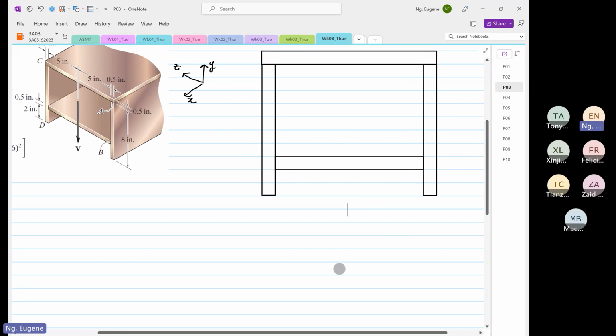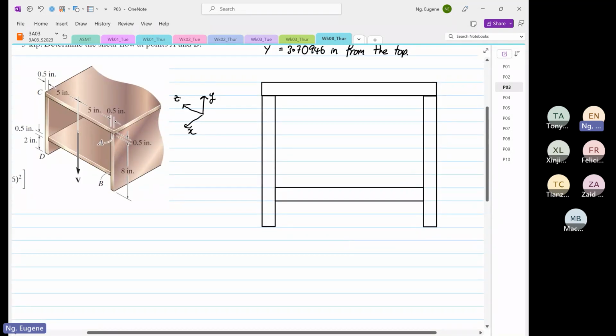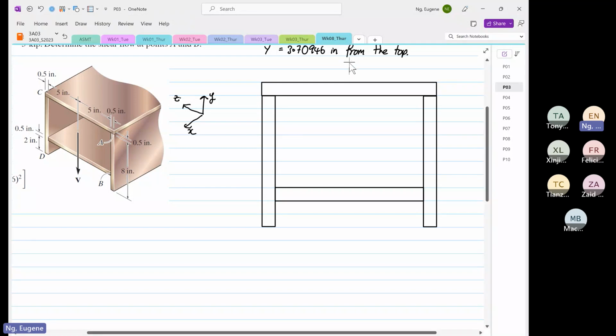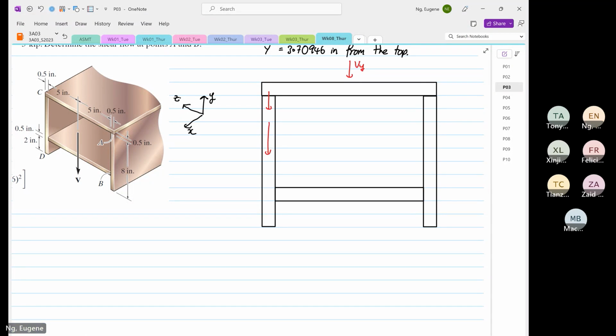So now before we draw the terminals, we apply the rule that the major web controls the direction of the shear flow. So it goes down here. Right?